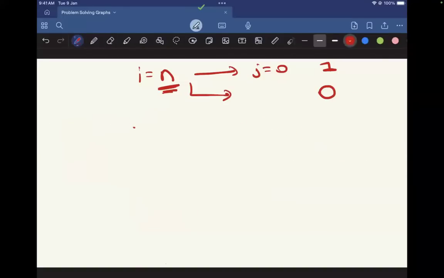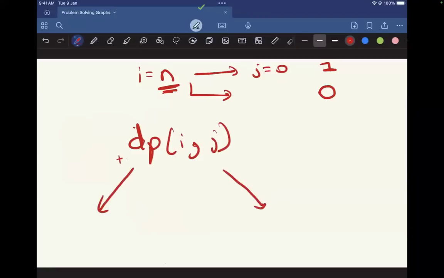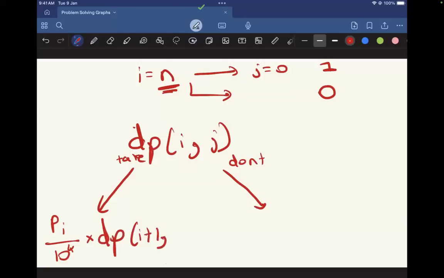Apart from this, if we are at any dp of i, j, we have two options. Either we take it or we don't take it. If we take it, what is the probability of taking it, guys? Tell me. Pi divided by 10 raised to 4, correct? And what are we calling? We are calling dp of I plus 1 and we go to j XOR ai.